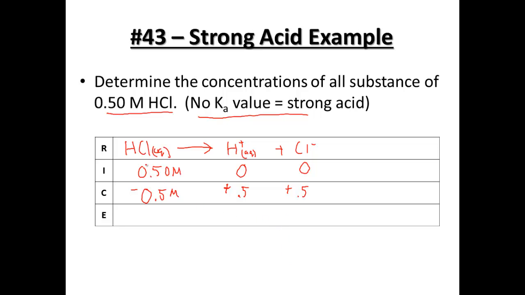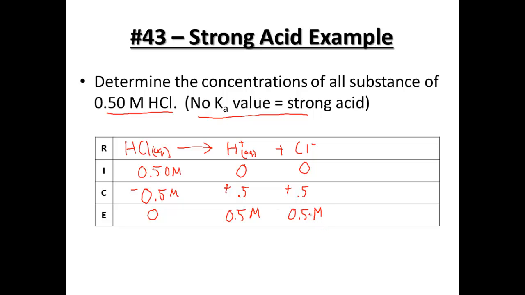So our HCl is going to break into our hydrogen ion and our chloride ion. At equilibrium, we're left with no reactant, and 0.5 molar H plus, 0.5 molar Cl minus.